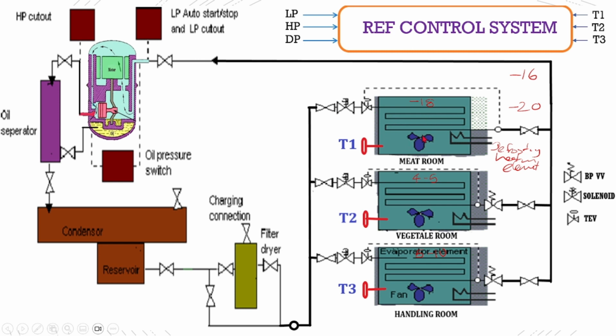The fan runs, the colder air will flow through the room and the temperature of the room gradually starts decreasing, and the return side gas will pass back to the compressor. From the compressor, it is received in the crankcase. There's a special purpose why the suction is led to the crankcase, because there won't be any tendency for liquid particles to enter the piston area.